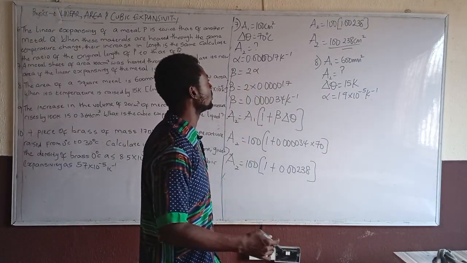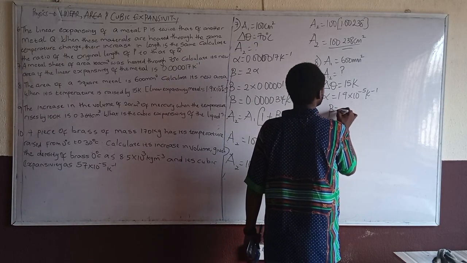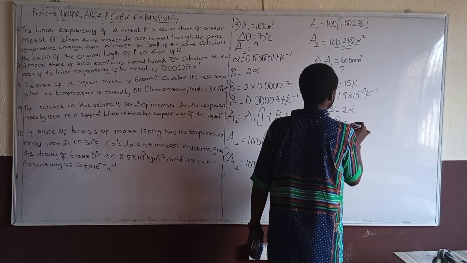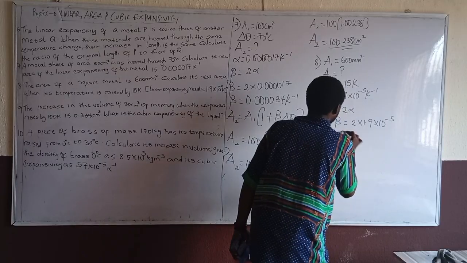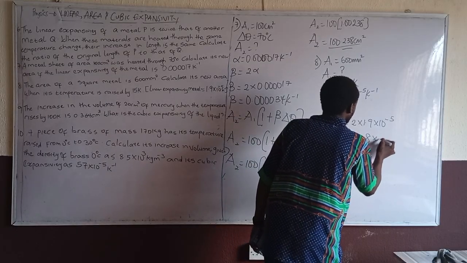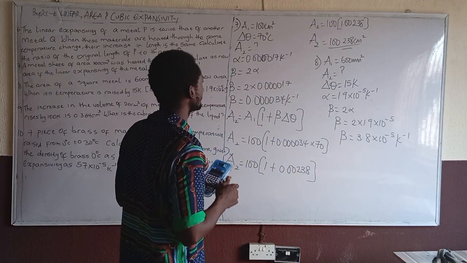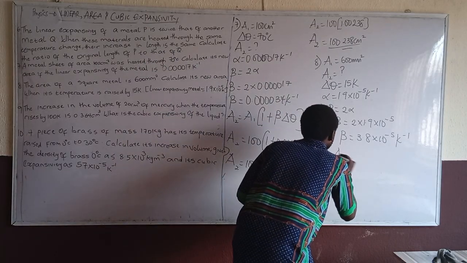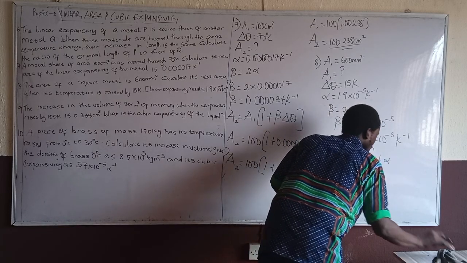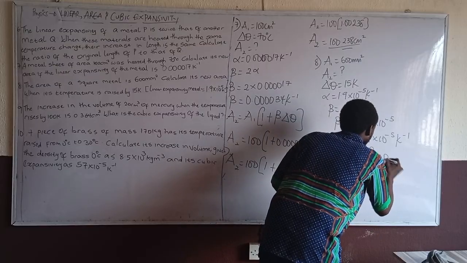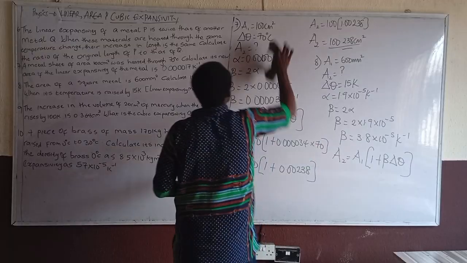So the first thing I do is to get my area expansivity by saying beta equals 2 alpha. So beta becomes 2 times 1.9 times 10 raised to the power minus 5, so beta becomes 3.8 times 10 raised to the power minus 5 per Kelvin. So from there, I know that my A2 is A1 times (1 plus beta delta theta). So we solve.